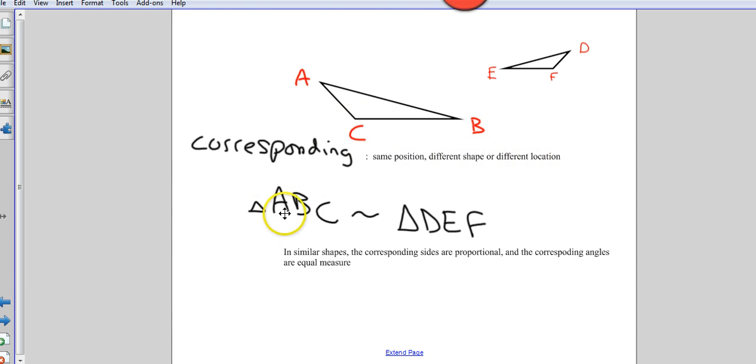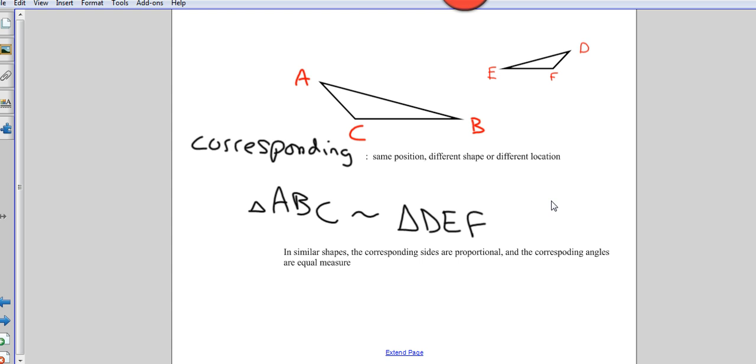If I tell you that triangle ABC is similar to triangle DEF, that means AB corresponds with what side? Correct, DE. BC would correspond with EF, and AC would correspond with DF.